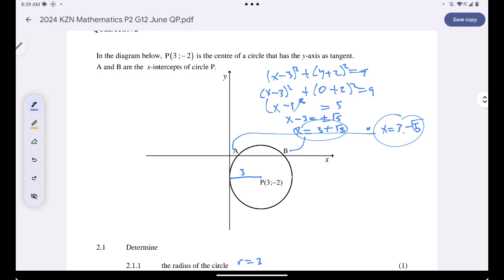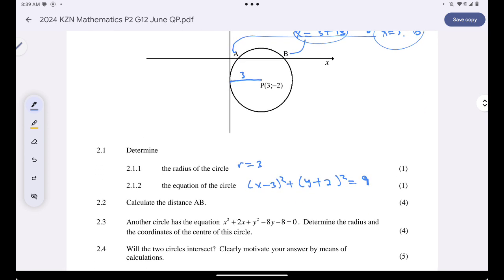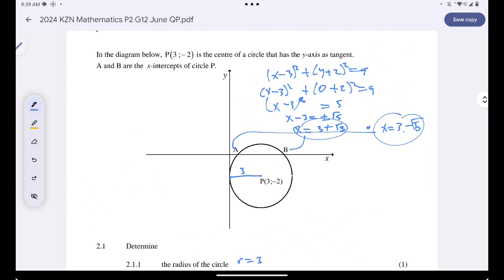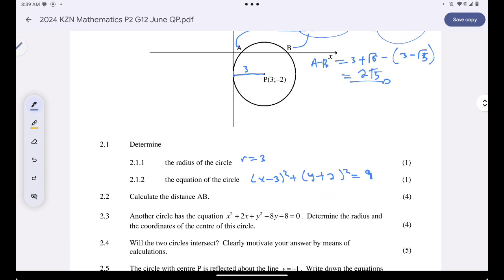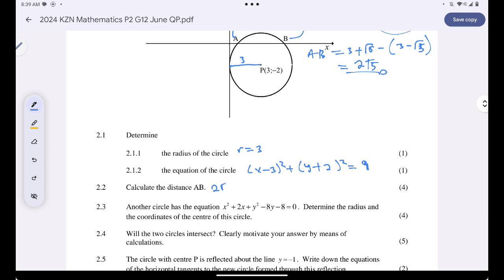So the distance between the two, how can I find it? Because they said they want distance AB, right? I'll just subtract these x values. AB will be 3 plus root 5 minus 3 minus root 5. So my answer would be 2 square roots of 5, because the 3's will subtract one another. 2 times root 5.